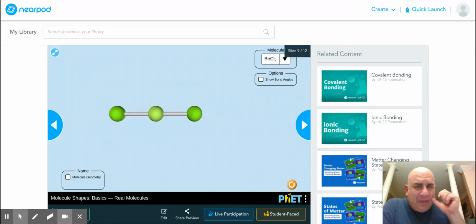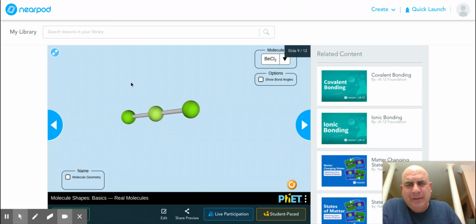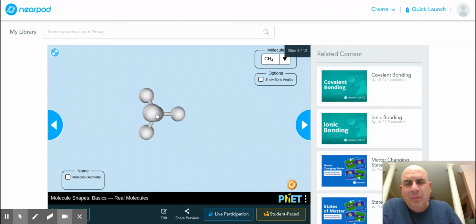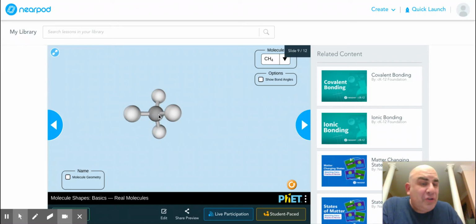Here is another interactive thing. So here is the chemical formula. Okay, so I have a Be and two Cls. And as I spin it around, ooh-wee. But let's change it to something where we have a carbon who's sharing electrons with 4 hydrogens. What about that?